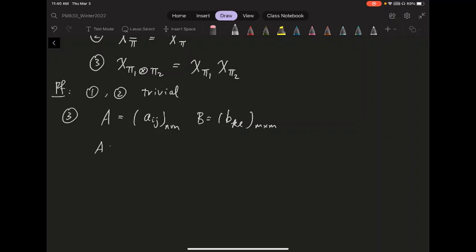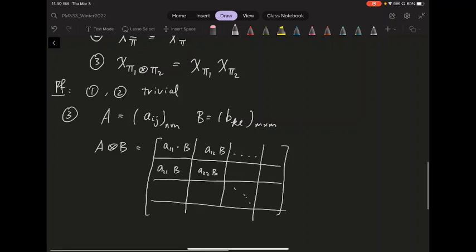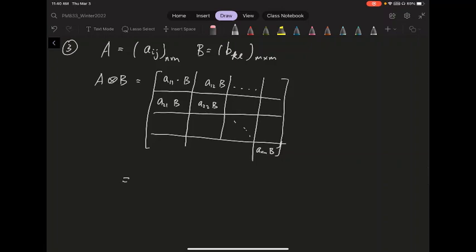So the matrix tensor A tensor B looks like the following. There are several ways of writing this, but one way to think about it is as a block matrix. This is A11 times the B occupying the first block, then A12 times B, and so on. Here you have A21 times B, A22 times B, and the last one is ANN times B. We pretty much only care about the diagonal, so let's look at these diagonals.